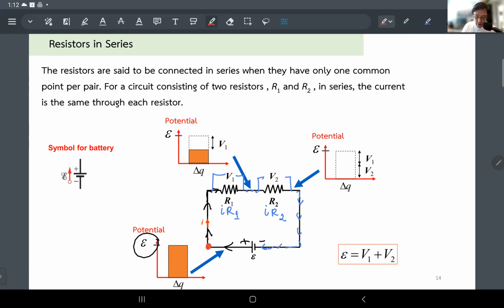I am going along this path, seeing the first potential change V1, keep walking. I see another potential change V2, keep walking, and then there is an increase in potential E. Now I come back to the original position. The whole changes that happen along the way must sum up to 0. You guys with me now?